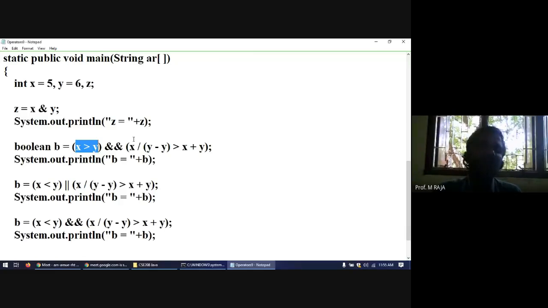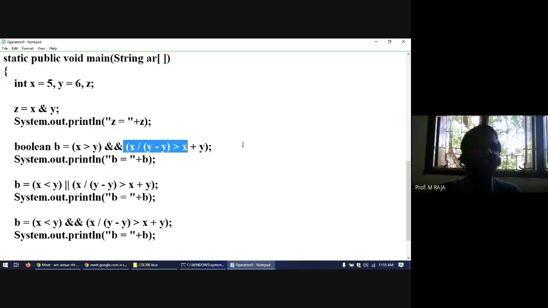It is false. Here, this is the left hand operand, this is the operator, the short circuit logical AND or conditional AND operator, and this is the right hand operand. So the result is based on the left hand operand and the right hand operand. If any one is false, the result is false. If both are true, then the result is true.